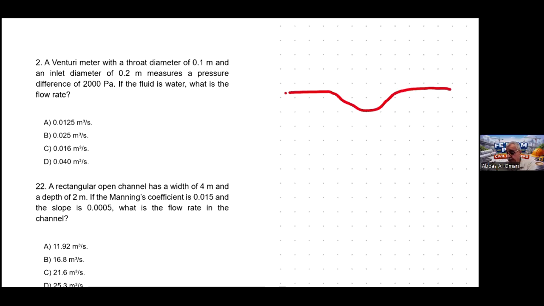So we know the inlet diameter here. So this is 0.2 meter. Let's call it D1.